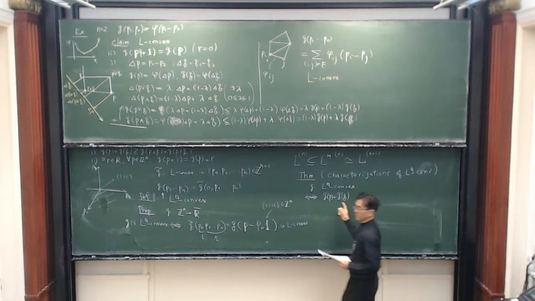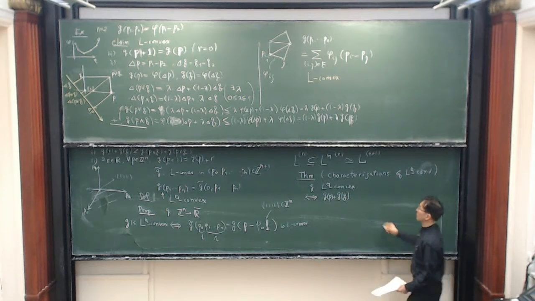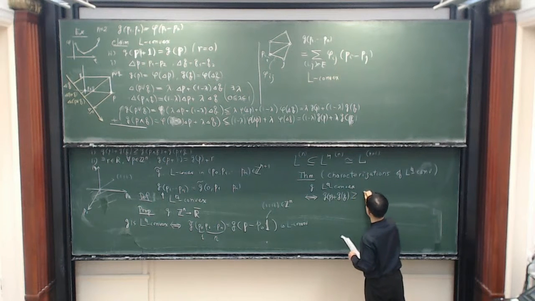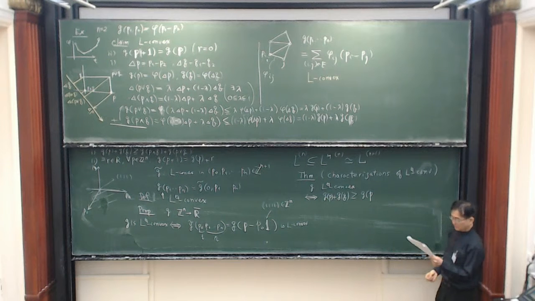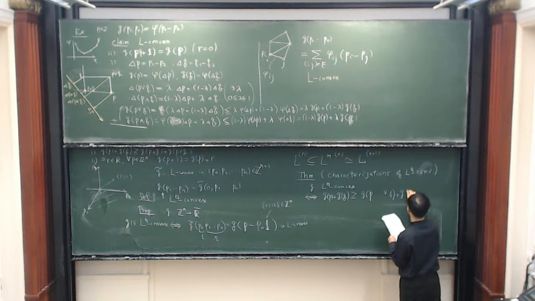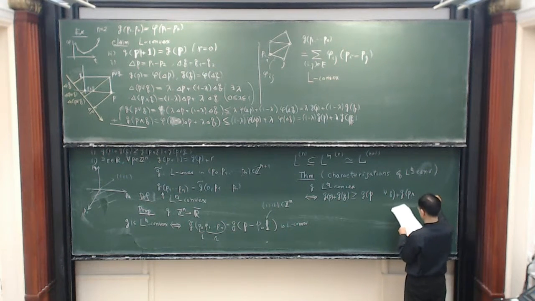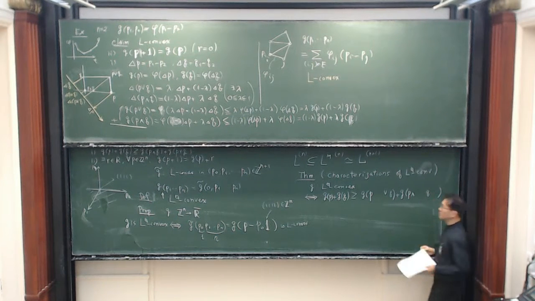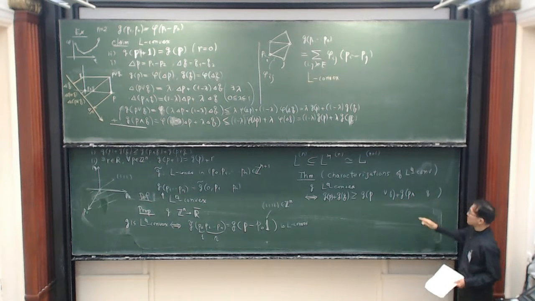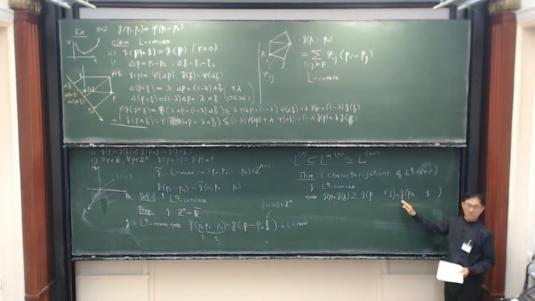And that condition is this. Start with 2 points as before. We say that g(p) plus g(q) is at least, of course, I'm adding something. Very close to submodularity.